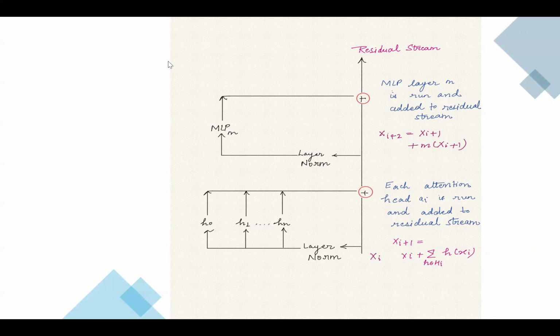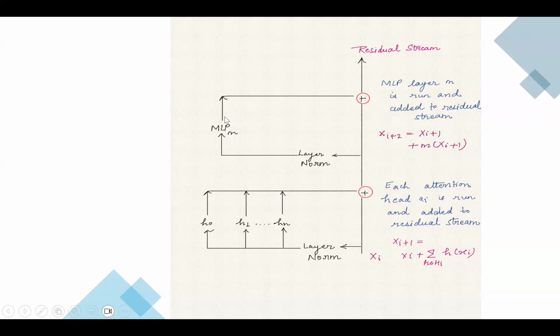So this is basically the general representation of our transformer block. Each transformer block among those n transformer blocks comprises two layers. One is a multi-head attention layer with n different heads, each head performing self-attention, and then you concatenate the output vectors of all the heads.